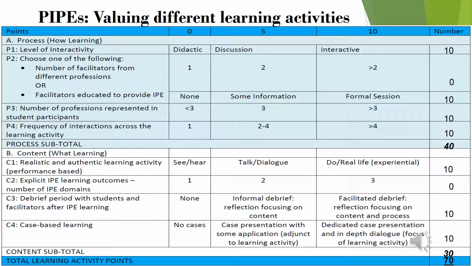Under C3, debrief periods with the students. This part of the rubric looks at whether there was no debrief, an informal debrief, or again, a facilitated debrief. In this particular course, indeed, there was facilitated debrief. There was debrief during all cases that were done in class.